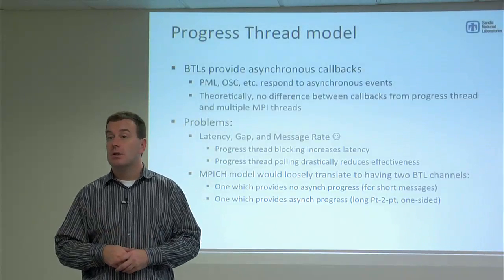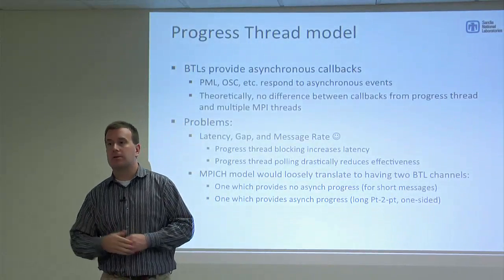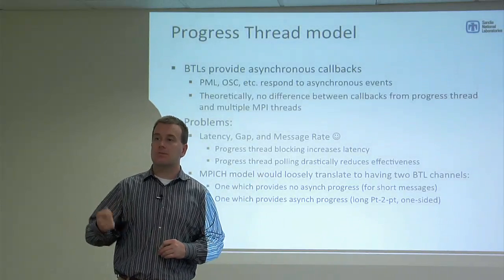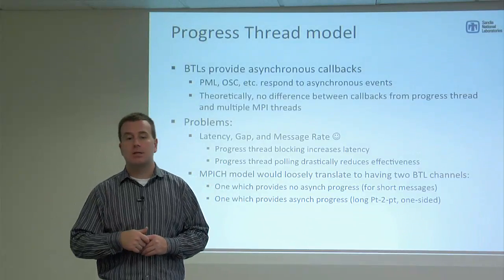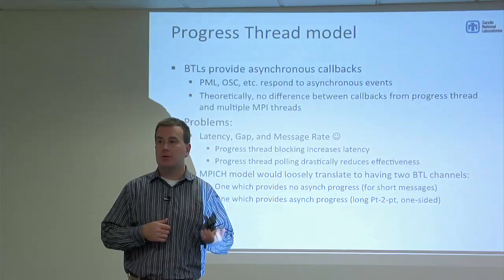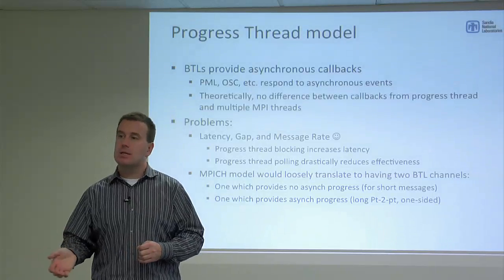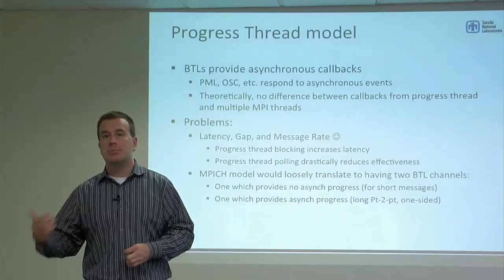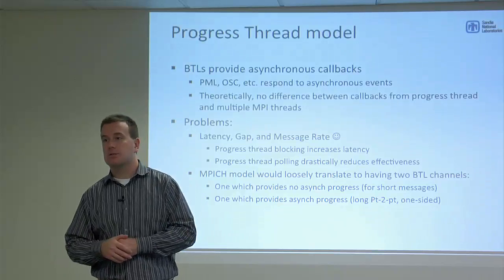Let's say you were InfiniBand again. The one queue pair, the one channel that was low latency would get checked every time you would enter the progress function, and the one that gave you asynchronous progress wouldn't get checked as often, but could be checked while you weren't actively in the MPI library because it's all asynchronous with the thread.